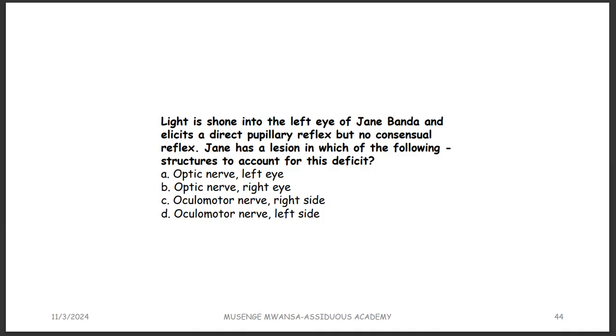Is there someone that is wondering why the answer is C who wants an explanation, or we just move on? Just a moment. I just want to draw something on the screen so that it will be easy.